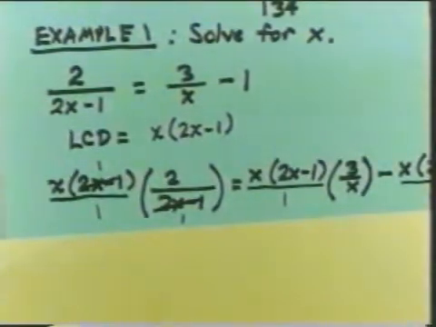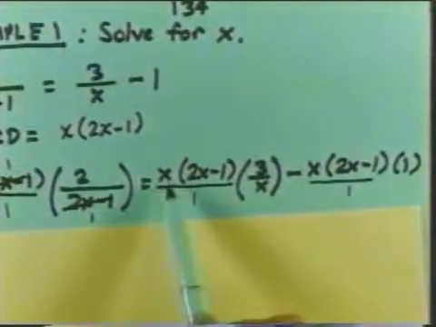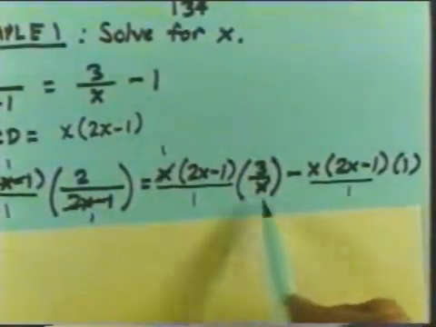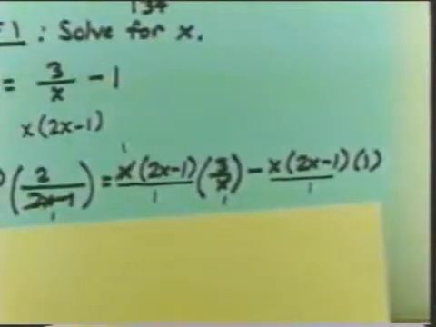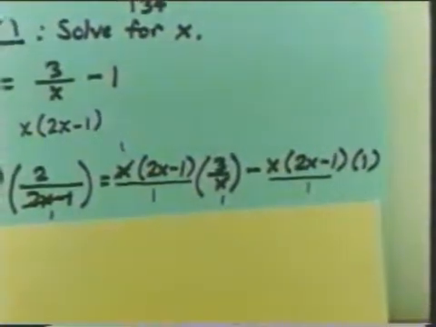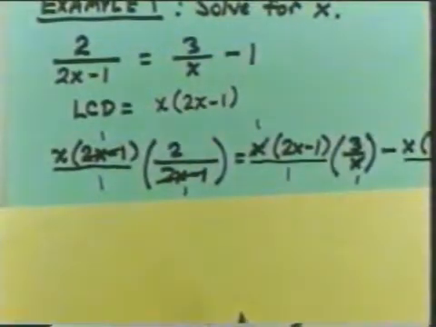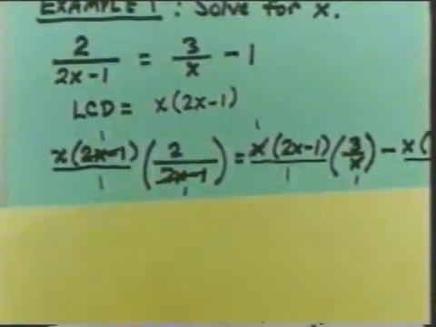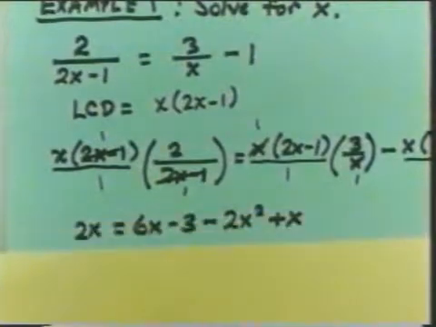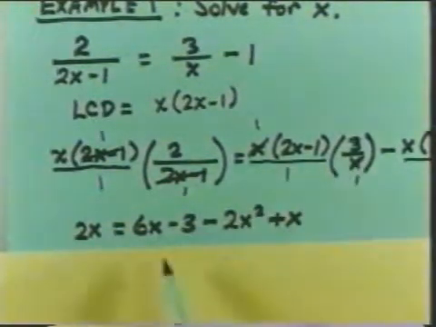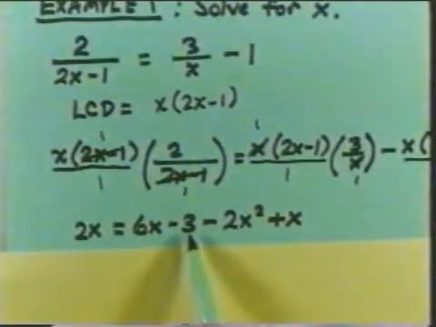On the right-hand side, first, the x cancels, and in the second term, there isn't anything to cancel. So, considering what we've canceled and what's left, on the left-hand side we have x times 2, which is of course 2x. On the right-hand side, we have 2x minus 1 times 3, which is 6x minus 3.